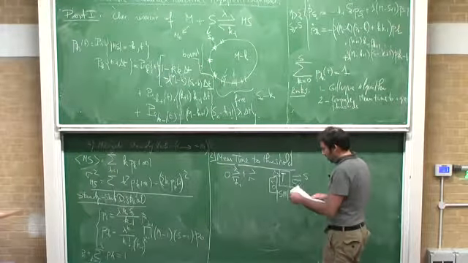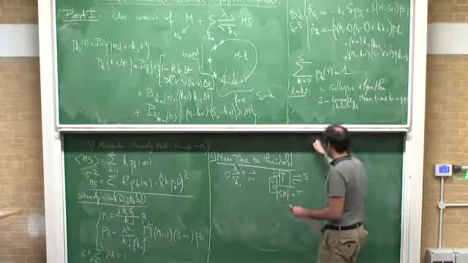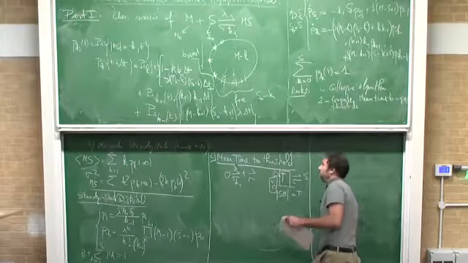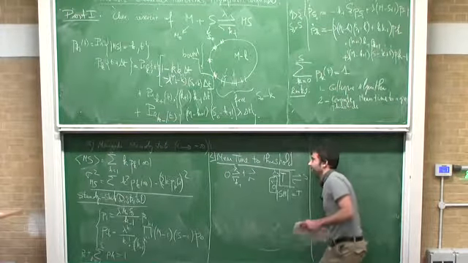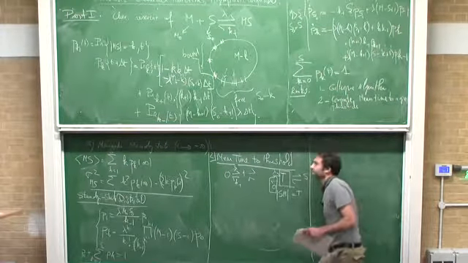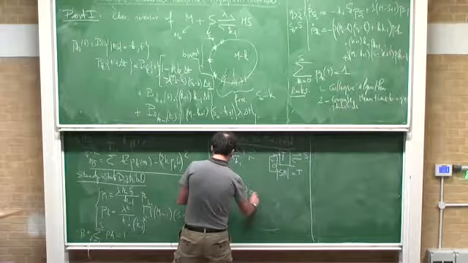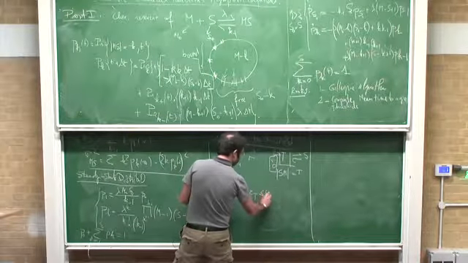Okay, so now let's write it slowly. The probability to have reached the threshold before time t, which is really the distribution.